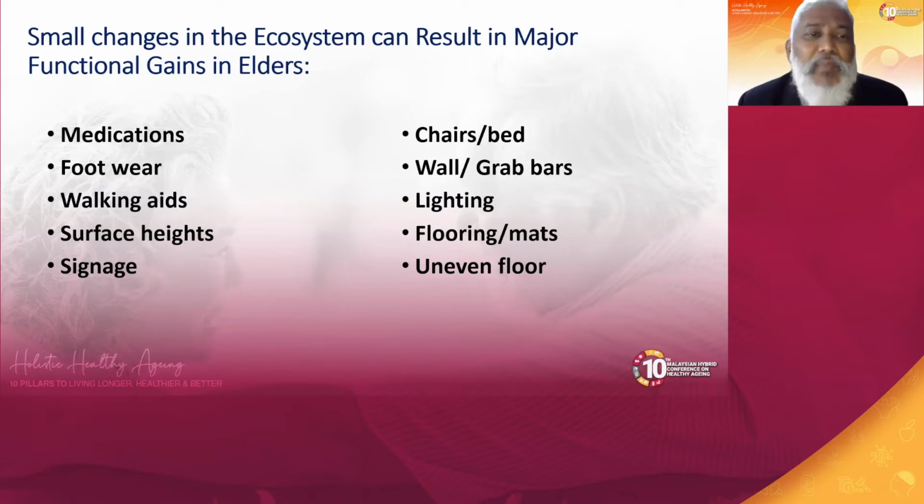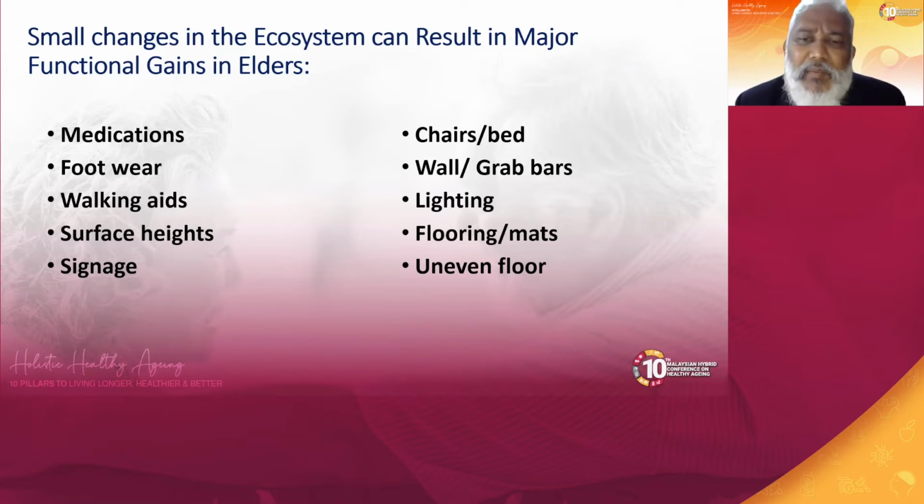So it can be medications, it can be improvement in terms of wearing their own shoes, walking, and also when we talk about functional gains, it's about modification of places which are in different heights, the signage, proper signage, so that they can clearly see and use their proper facilities in the outdoor environment.